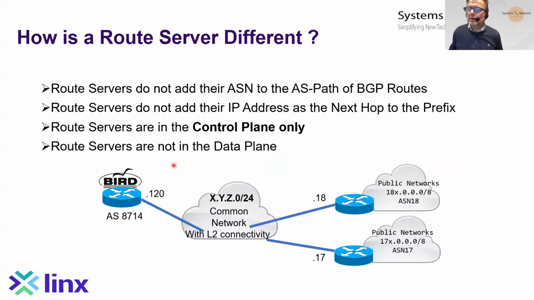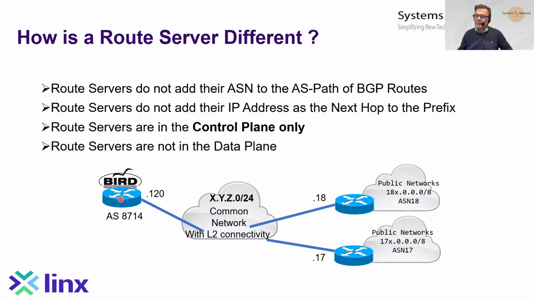Let's take a little look at that process of route passing that we mentioned there. If we just take two members that are interconnected in this internet exchange infrastructure, let's say organization 18 here wants to advertise routes into this infrastructure.